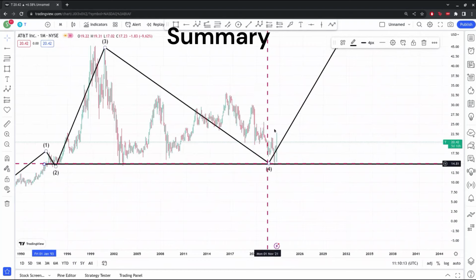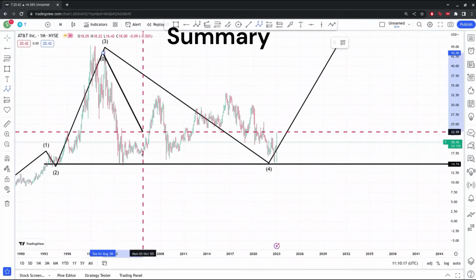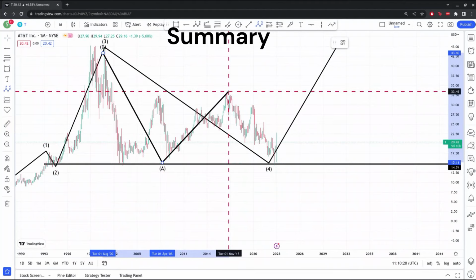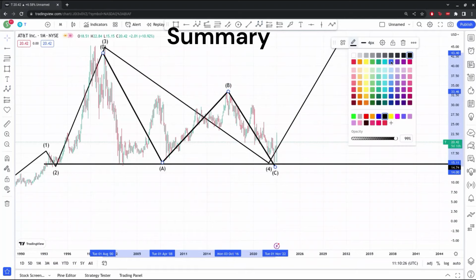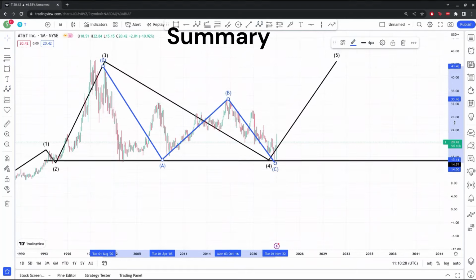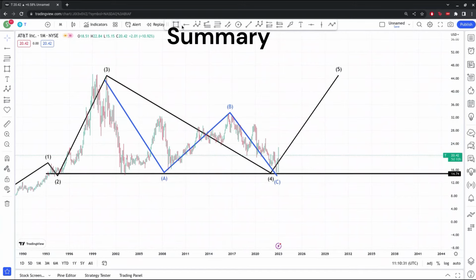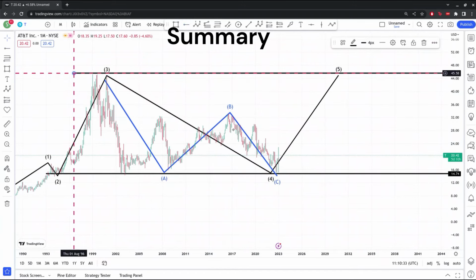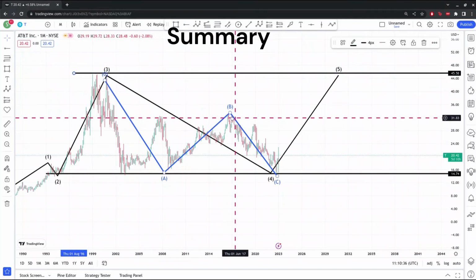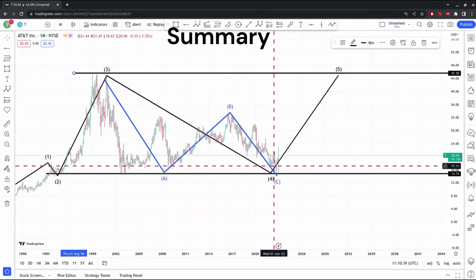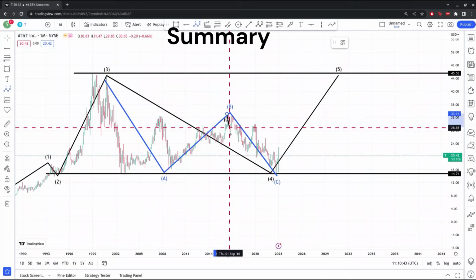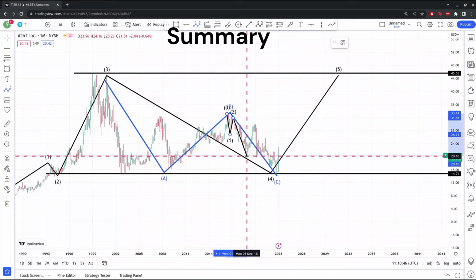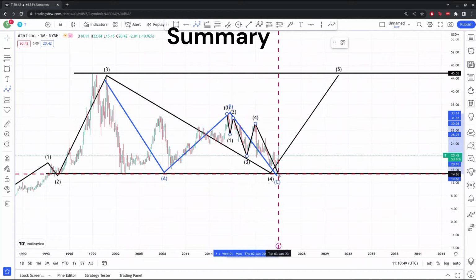And for the fourth wave, there is an A, B, C correction. And your target level should be around this area. So you wait for the break of structure, which would show that this was meant to be a 5 wave, because the C wave is always a 5 wave pattern, where this is the first wave, second wave, third wave, fourth wave, and the fifth wave.